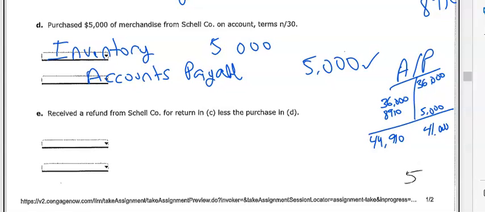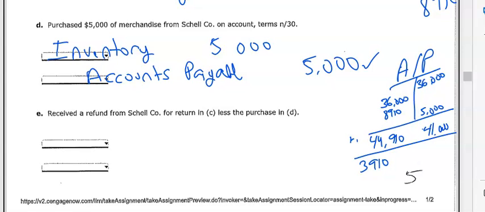So I subtract and I put it on the side that's the biggest. So which side's the biggest? Is the debit side bigger or is the credit side bigger? The debit side's bigger. So right now my balance is $41,000 minus $36,089.10, that's $4,910.90. So what this means is that I don't owe them.